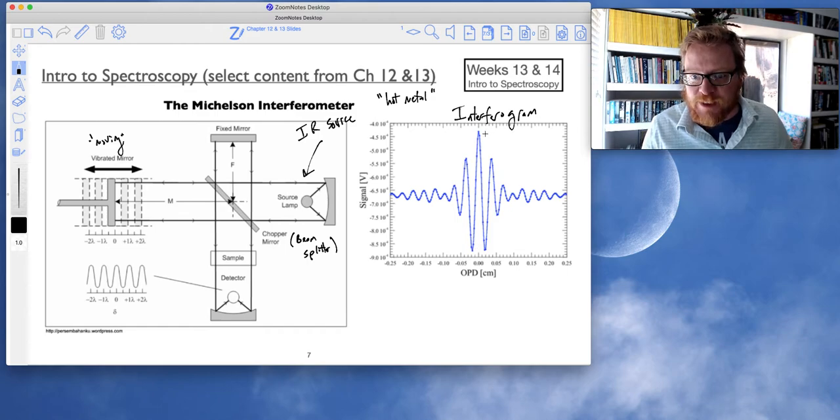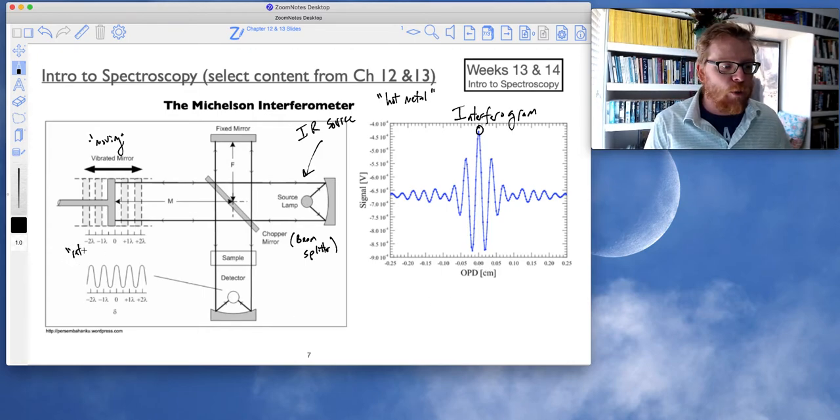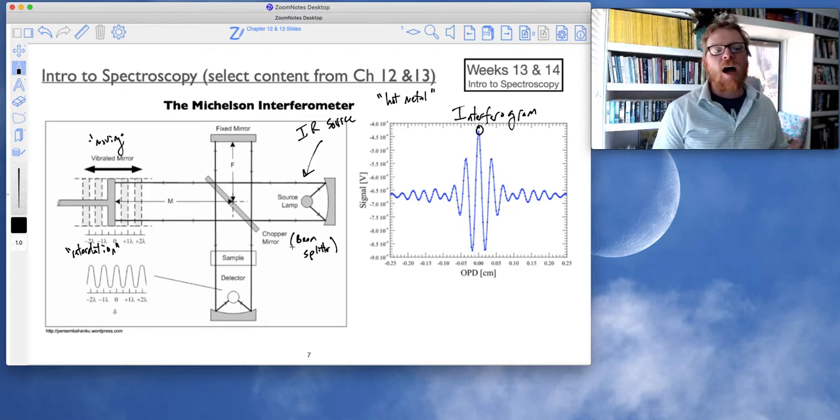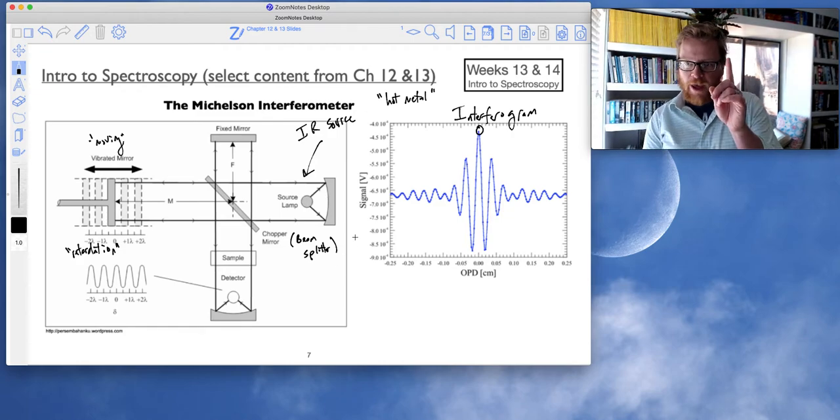So there is some center point right here given by what's called zero retardation, often the word we use to describe how this mirror moves. Because it's vibrated, the mirror is vibrating back and forth, okay? So we often call that modulation or retardation, the way that the mirror moves back and forth.